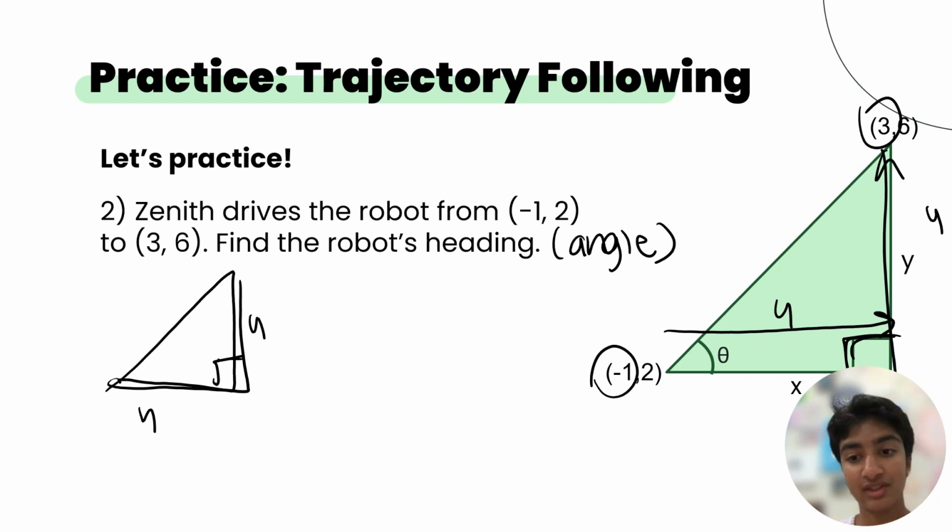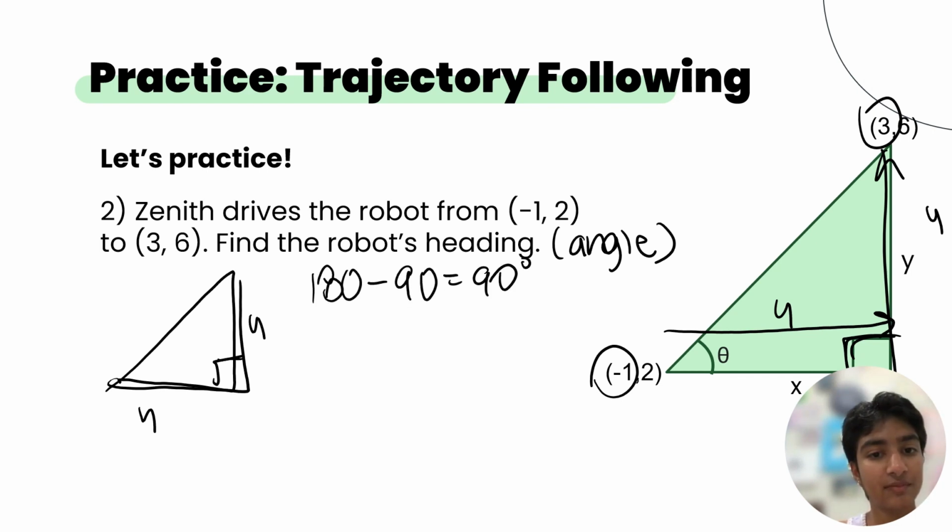You use the property that all the angles inside of a triangle add up to 180 degrees. You already know that one is 90 degrees. So you do 180 minus 90 is 90 degrees. And then you have two angles that you're trying to solve for. You can solve for both of these because, as I said, the side lengths are the same, so the angles have to be the same.